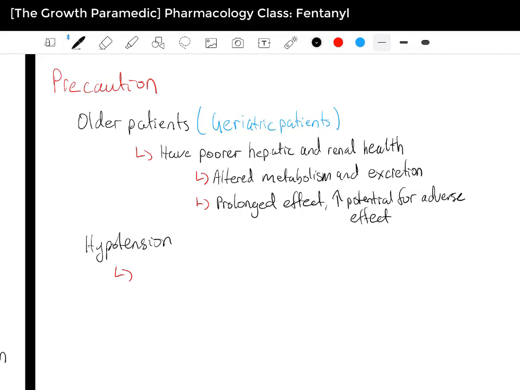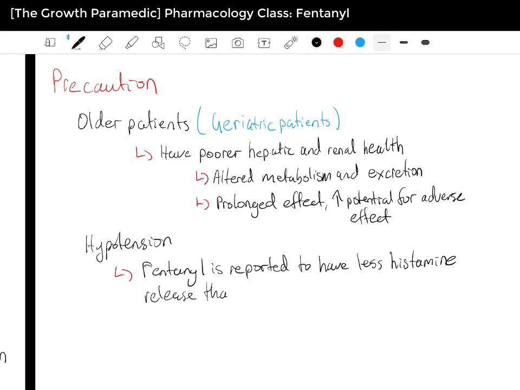In comparison to morphine, one thing to note is that fentanyl is reported in a few studies to have less histamine release than morphine. So in comparison to the alternate narcotic analgesic, it's less vasoactive, the lesser vasodilator.